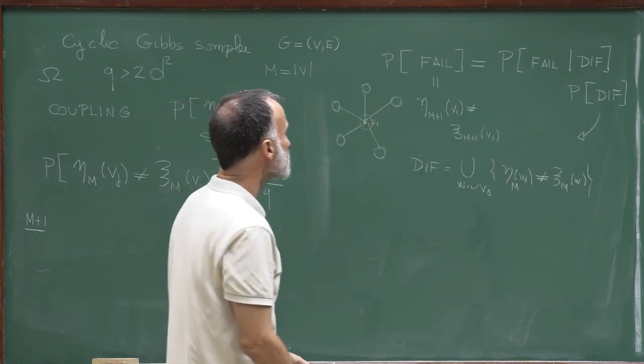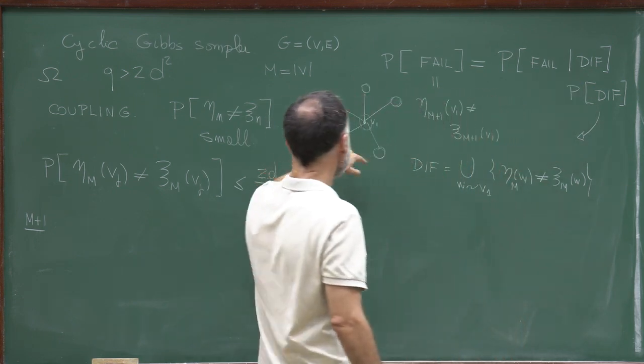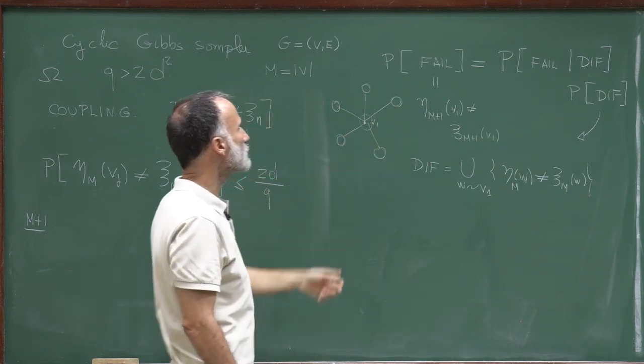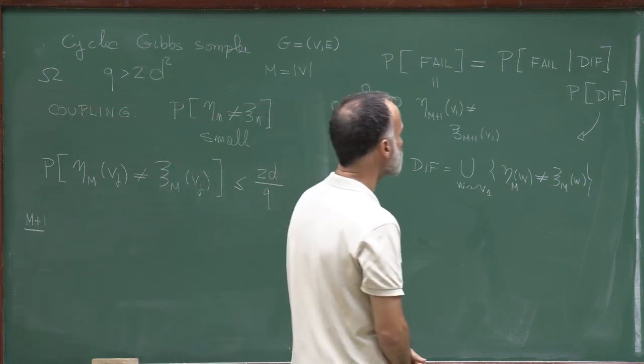Because on the complement of this set, if all colors are the same, I can update in such a way that there is no failure. So this is the probability of the failure.